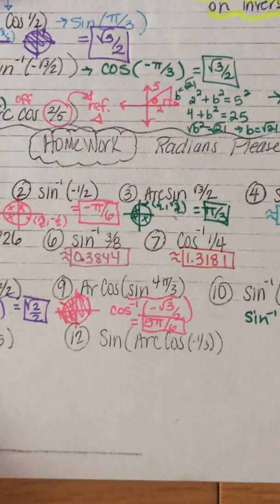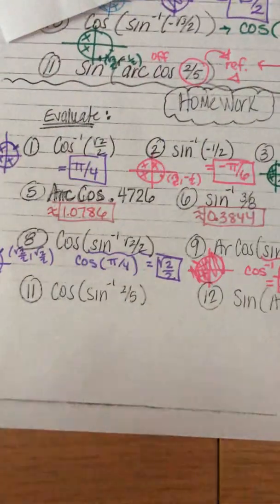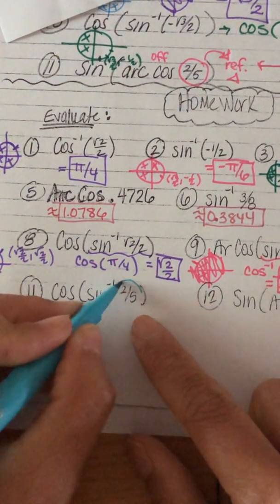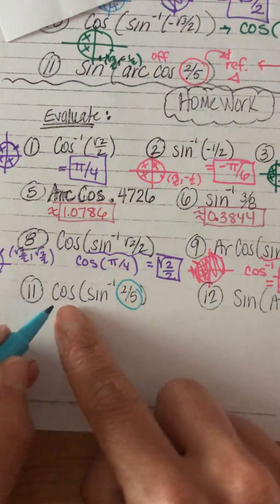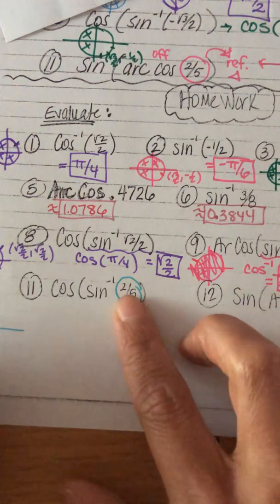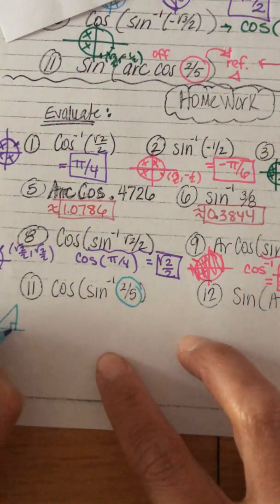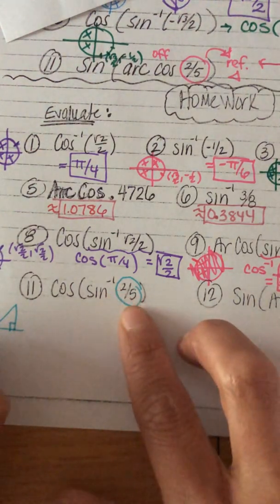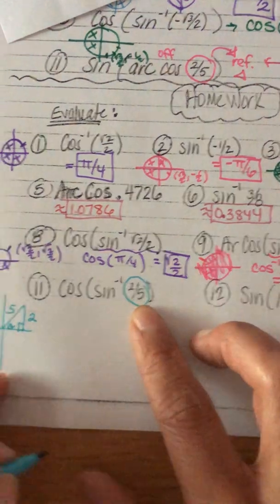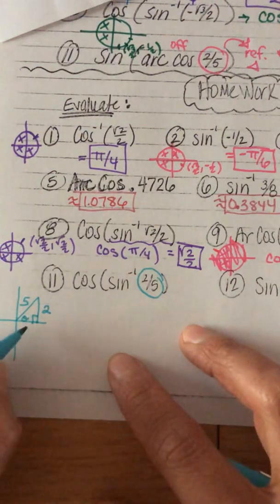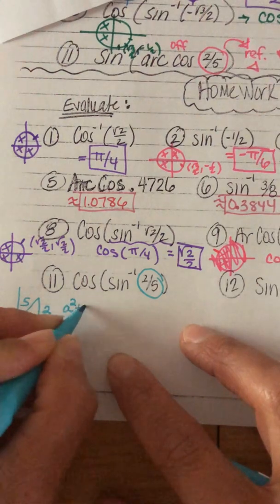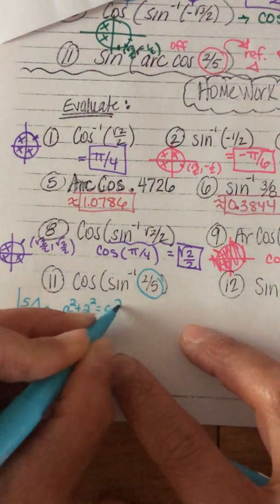Number 11, what color am I on? I'm on the light blue. Cosine of the sine inverse of 2/5. This is not on our unit circle, but because we need it to find the cosine, I have to drop a reference triangle. This is a positive sine of 2/5, so I'm in the first quadrant. Sine is opposite over hypotenuse, so the 2 is opposite the angle and the 5 is the hypotenuse. We need to find the bottom side, so we'll call it A. A squared plus 2 squared equals 5 squared.